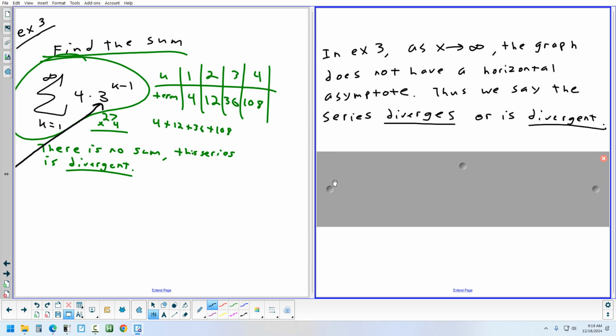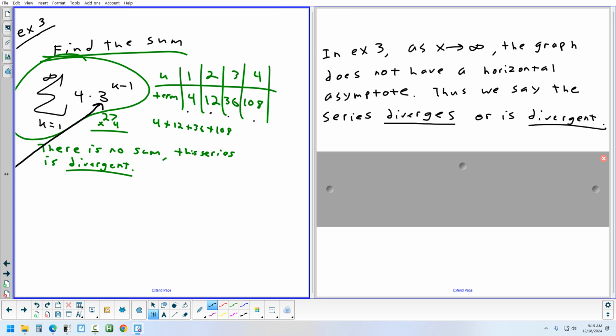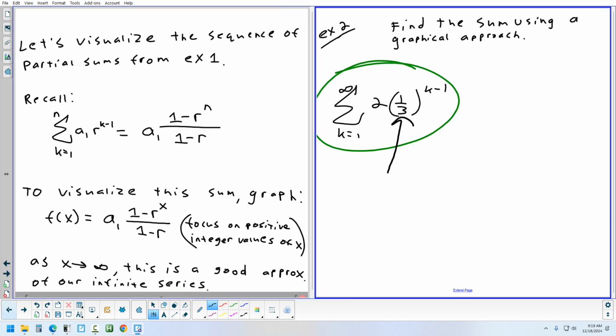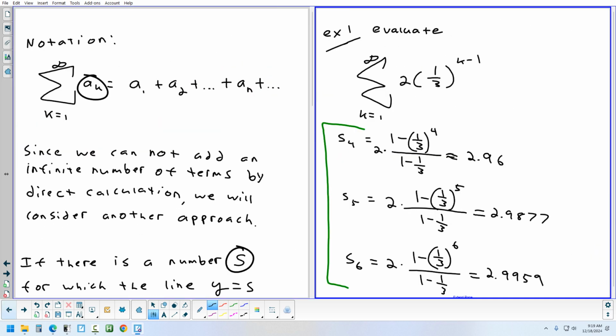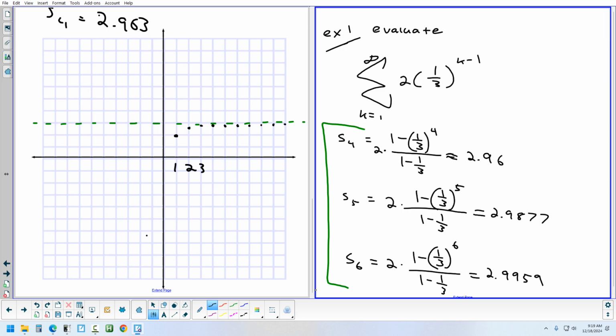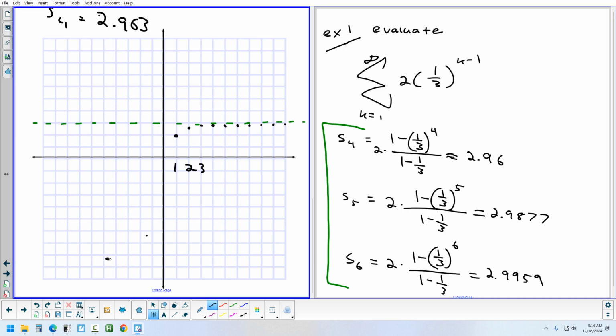I pretty much already said that to you. If you start adding the sums in this one, like if you were to put these on a graph, which I can't even do because it gets very, very high, you would not have a horizontal asymptote like in this one. The sums in that other problem would look more like, as you keep adding more terms, it just takes off and goes straight up.